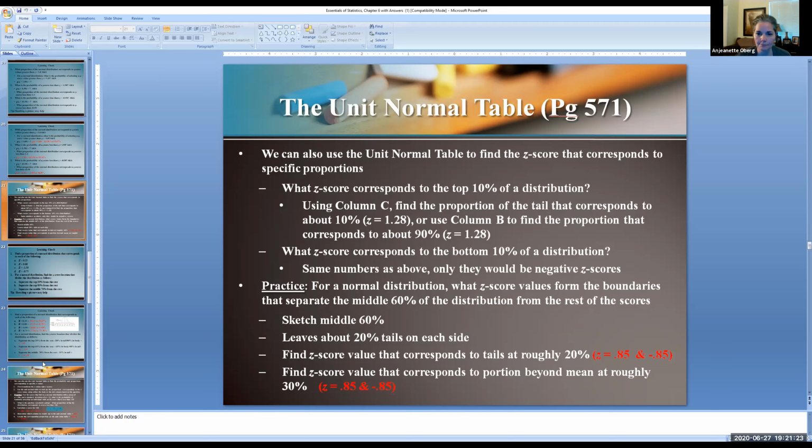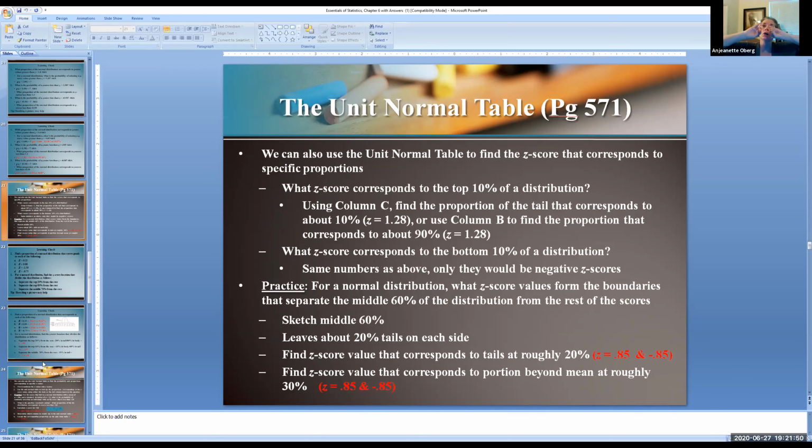Now, I also want you to be mindful that that fourth column, the part between the mean and the first z-score, is an important part when we're having to figure things out, when we need to understand pieces. And so it might ask you the middle 60%.